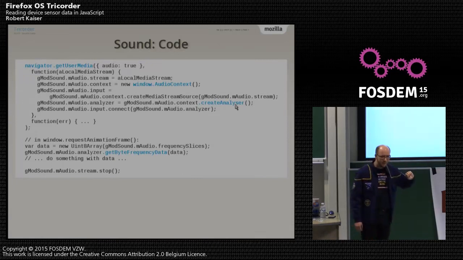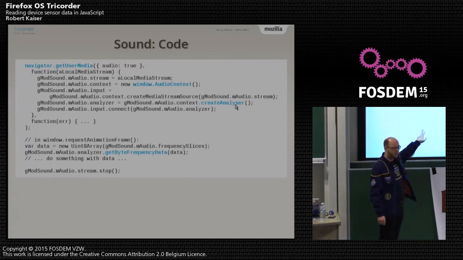Inside of that, we set up the audio context for Web Audio, and that's where it's a little bit more difficult. First, we assign that local stream to a property. That's because of the cleanup. Of course, we want to turn off the microphone when we're leaving the module, so we need to stop the stream at that point.